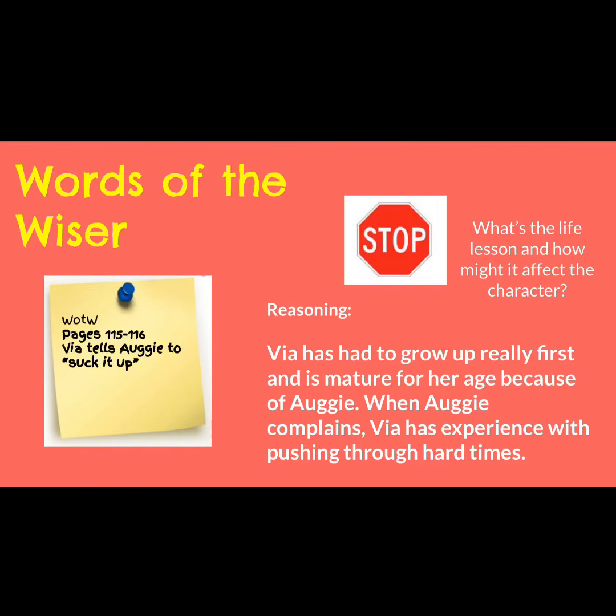When Augie complains, Via has experience with pushing through hard times and thus tells him to suck it up. So I thought that although she might not be someone who's wiser when you think in those terms, she is someone who is older, who does offer Augie a lot of advice in the story, and something as simple as that can really go a long way with how Augie was probably feeling in that moment in the story.